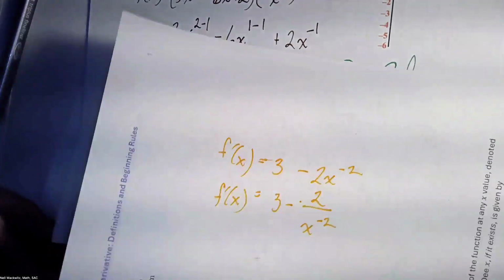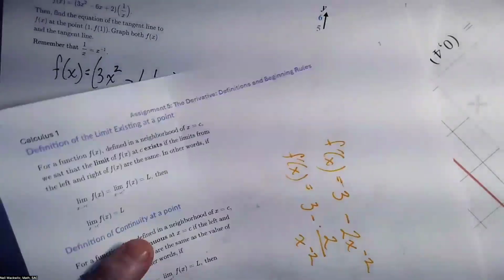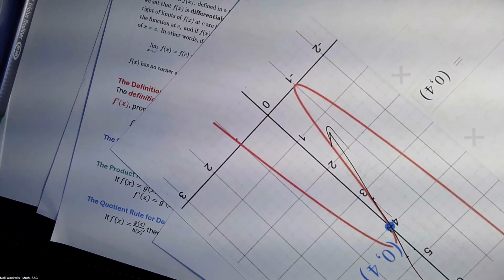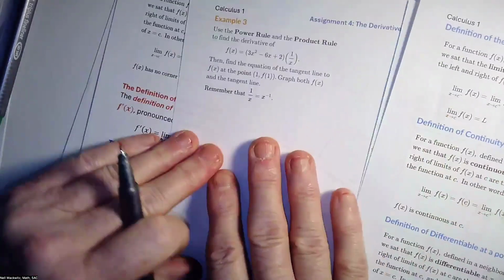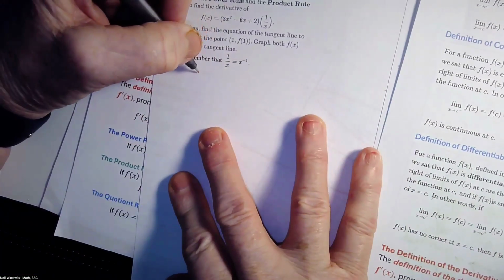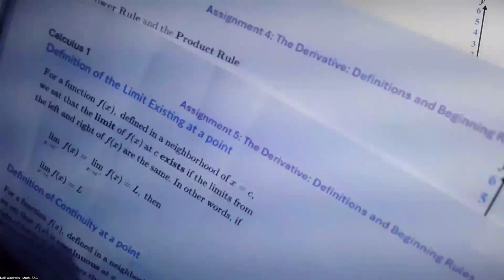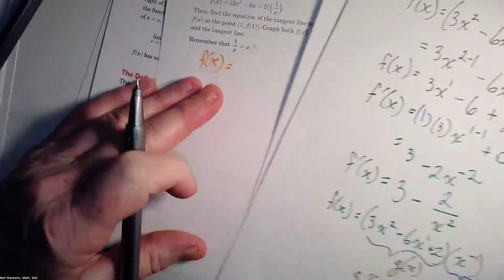Okay, well, let's do the second part. We know that f of x, when we multiplied everything out, what did we have?